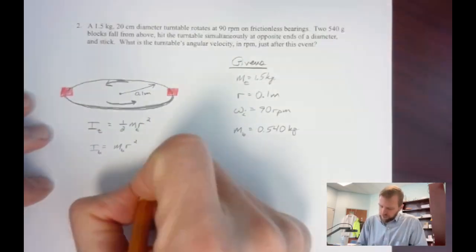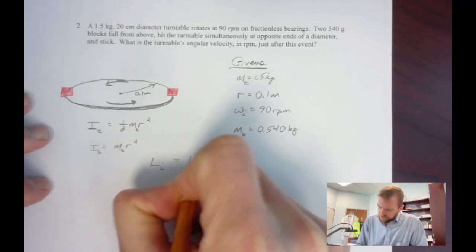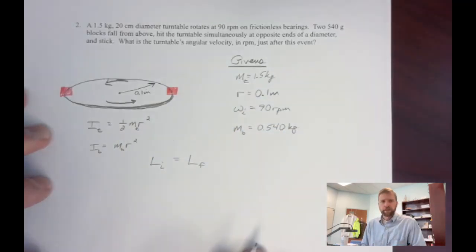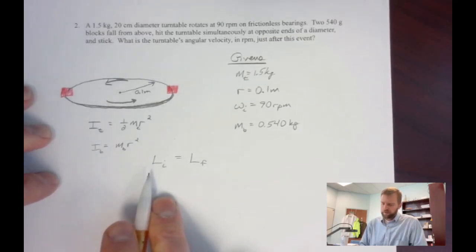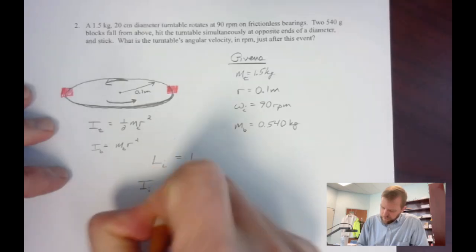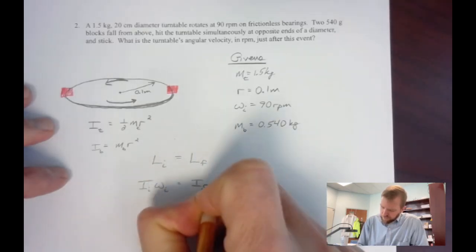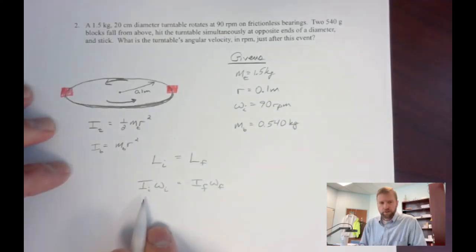so we need to know the initial angular momentum is equal to the final angular momentum. So this is the conservation equation that we need. So initially it is I initial omega initial equals I final omega final. Right, so initially it's all the table.